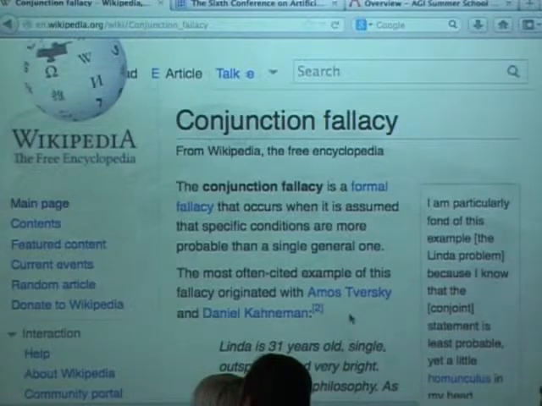So what does that mean? That bank teller is defined to be a set, okay? Feminist bank teller, of course, will be a subset. Probability is interpreted pure extensionally.